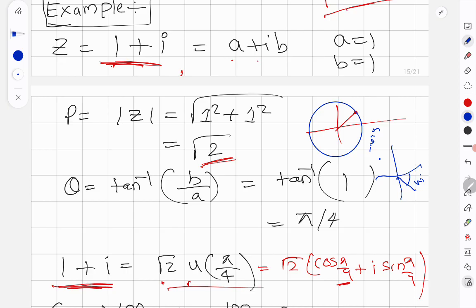He told us that since this angle and this angle will be equal, you can always just add 180 and get your angle for the quadrant you want. Yeah, because this is the wrong quadrant and this is the correct quadrant.